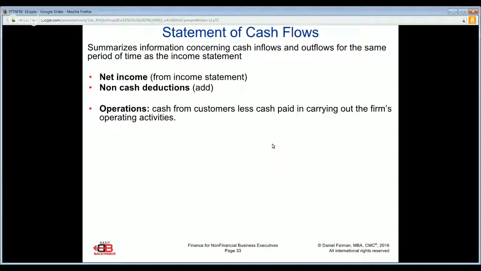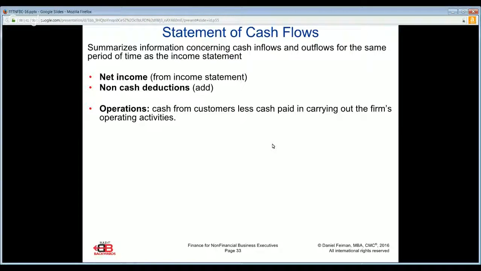So the three areas, the three sections we have on the cash flow statement start with operations. And this is the most important of the three when we're trying to understand what's going on with an organization. Operations refers to what we do. It's our main business.